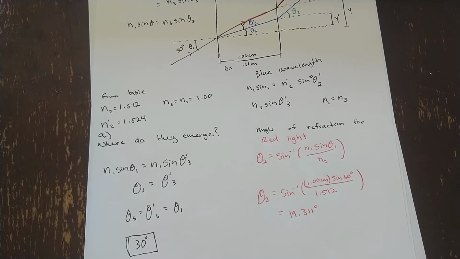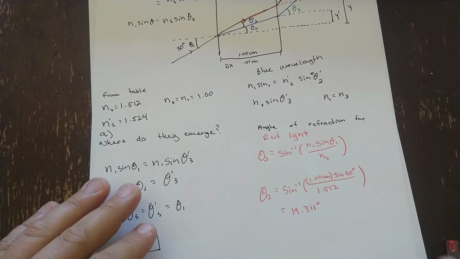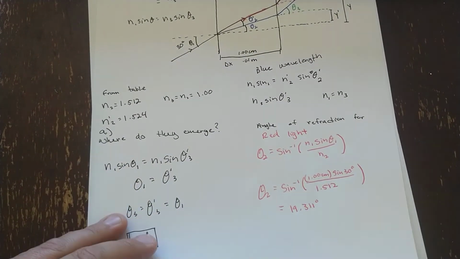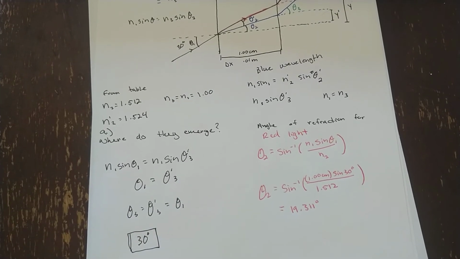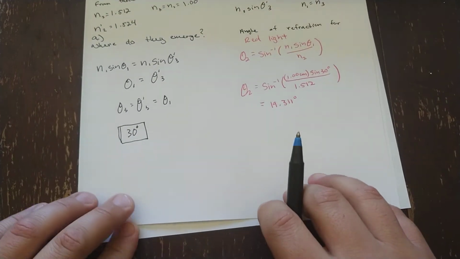Now, to solve for the blue light, let me get a different pen. We're going to rearrange the equation again for the blue light.